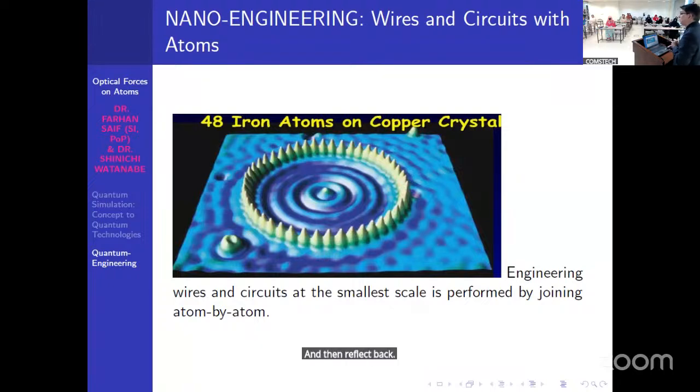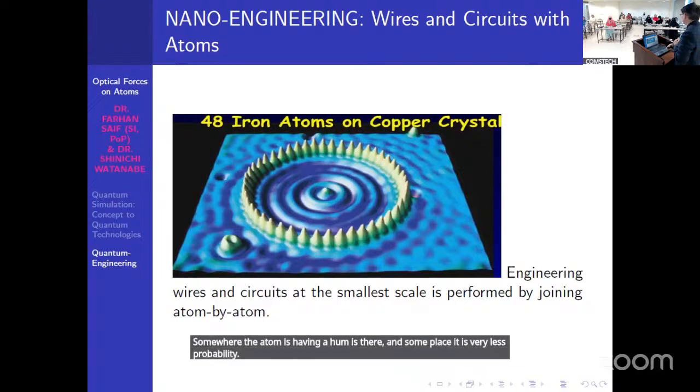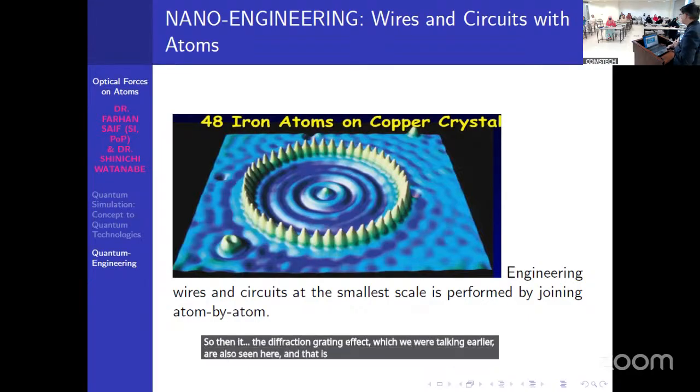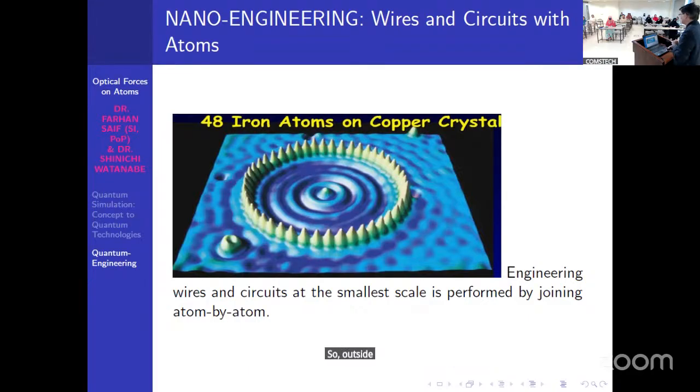Very interestingly, the way this wall is made, it acts like a diffraction grating. Somewhere the atom has a hump, and some places have very low probability. So the diffraction grating effect, which we were talking about earlier, is also seen here, and that is the interference. On the other side of this wall, we see the interference pattern sitting there.